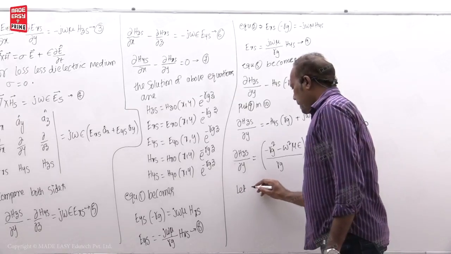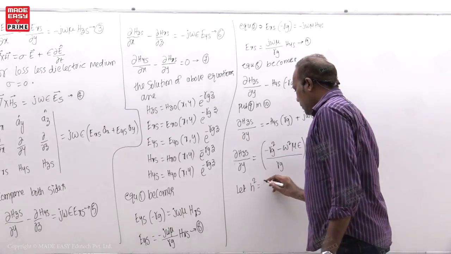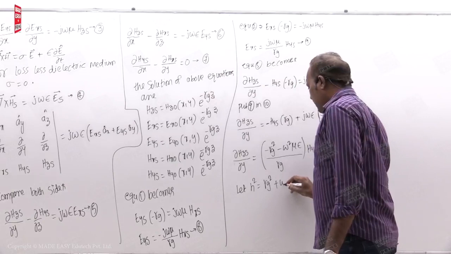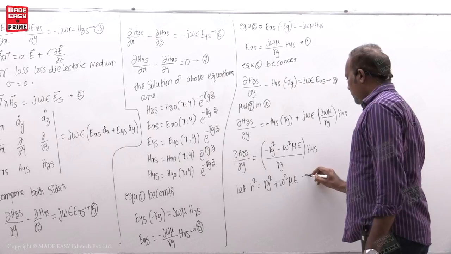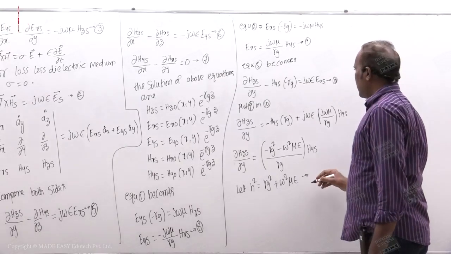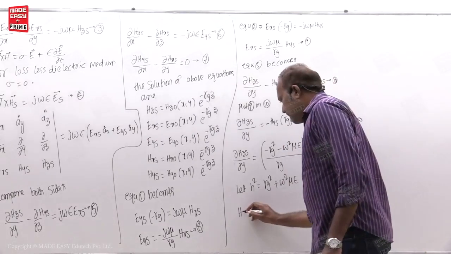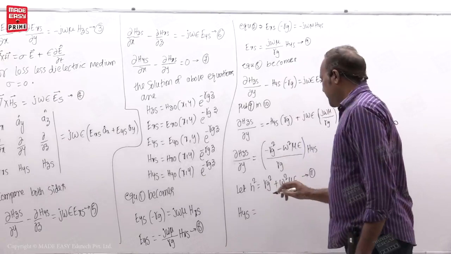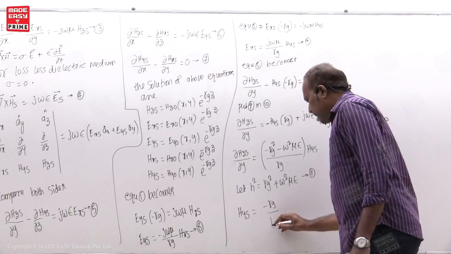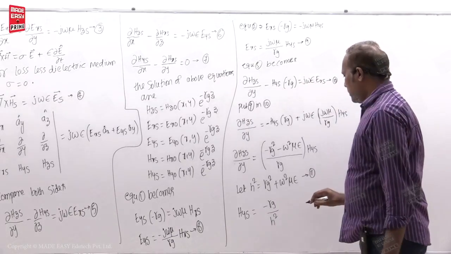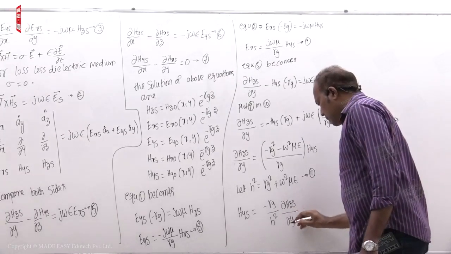Now let h square is equal to gamma g square plus omega square mu epsilon. So this is also one of the equations, students. So here I will call this one equation 10, this 11. Now here Hys is equal to, this side, minus gamma g divided by h square dou Hz divided by dou y.